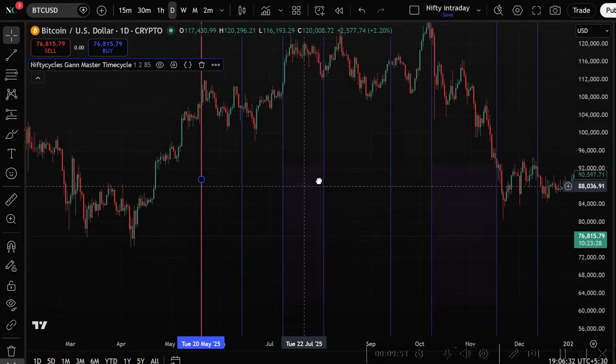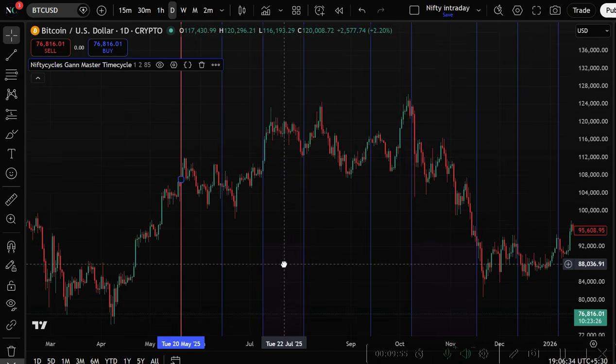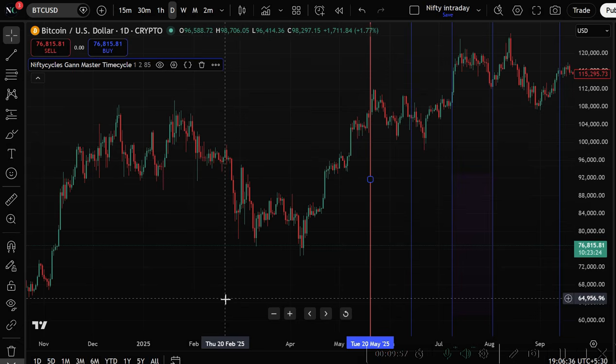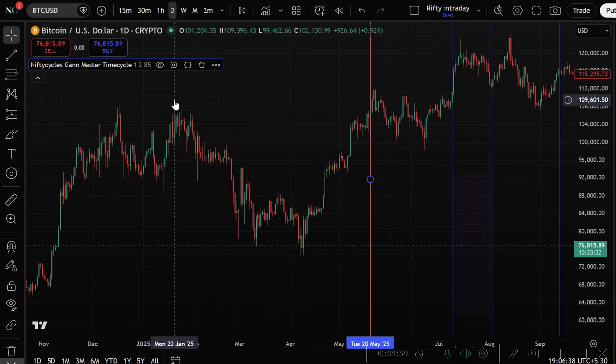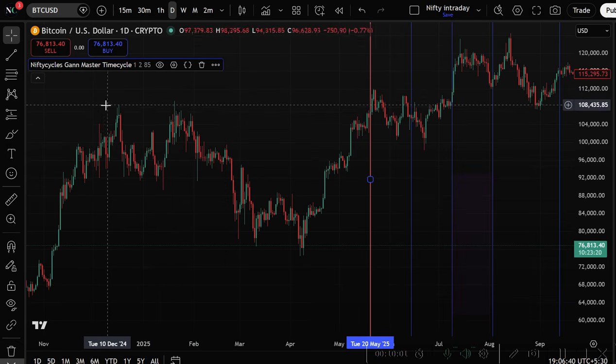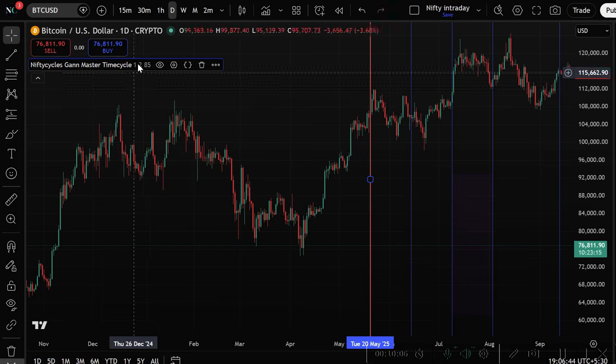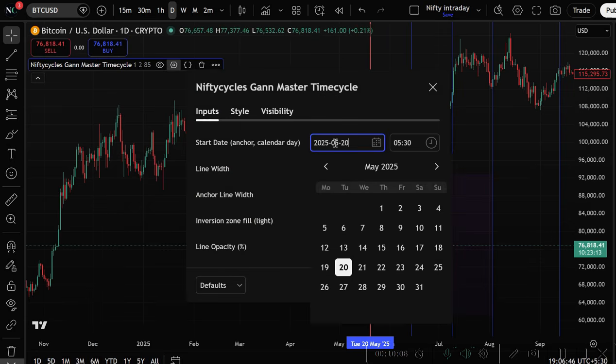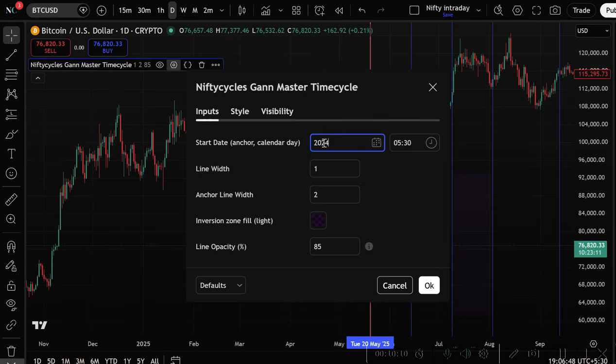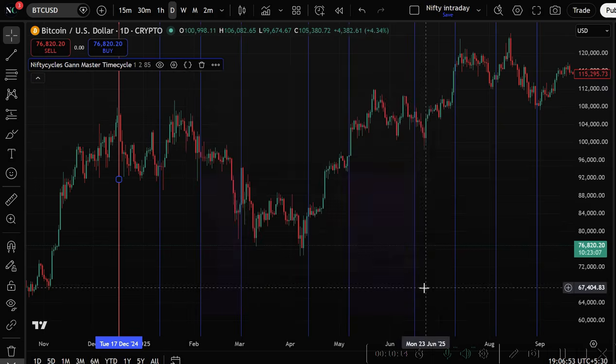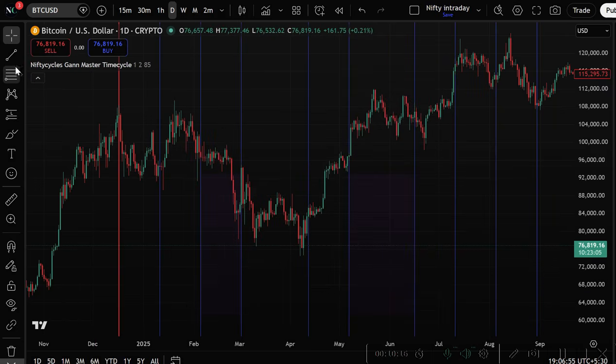So to find the anchor, what we can do is start from a good low or a high. Let's say this is a good high, 17th December 2024. Okay, so let's see.